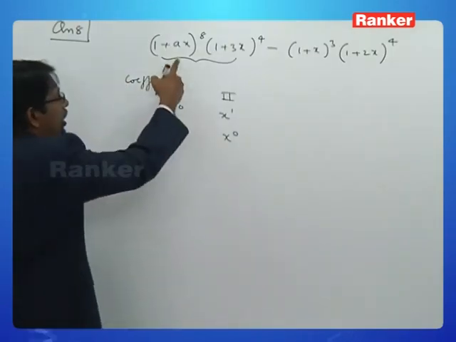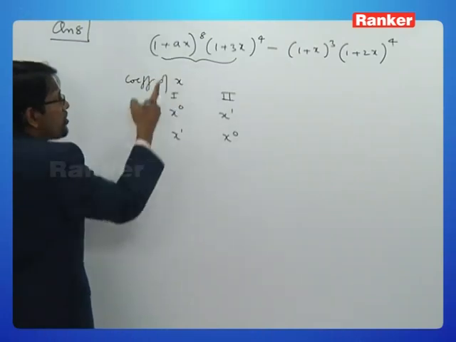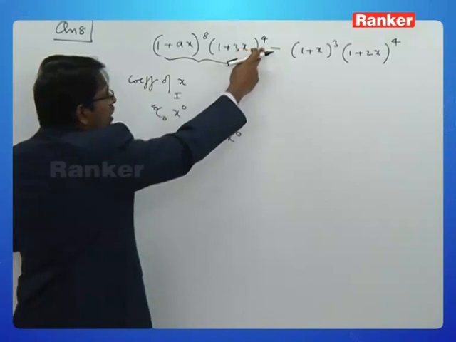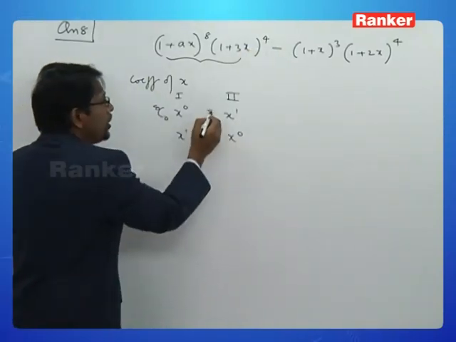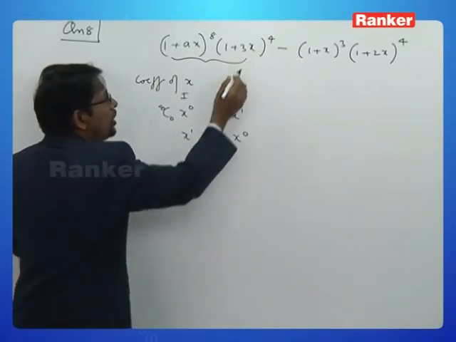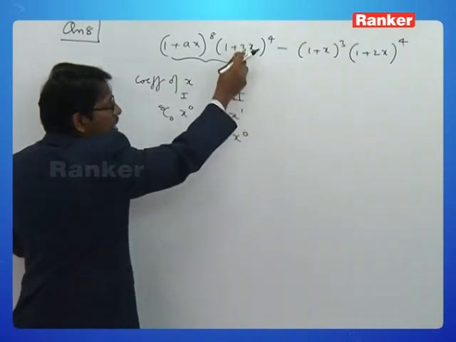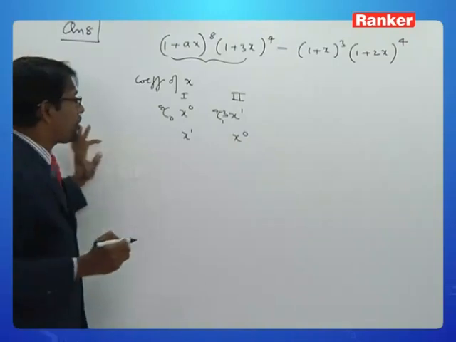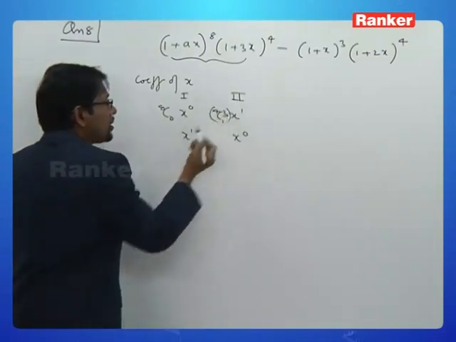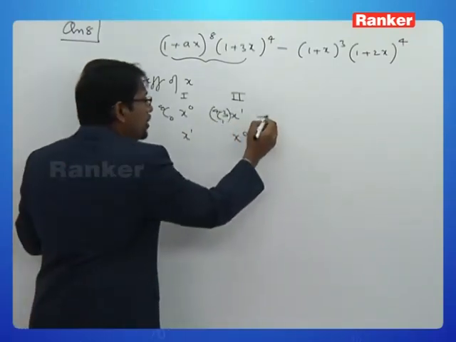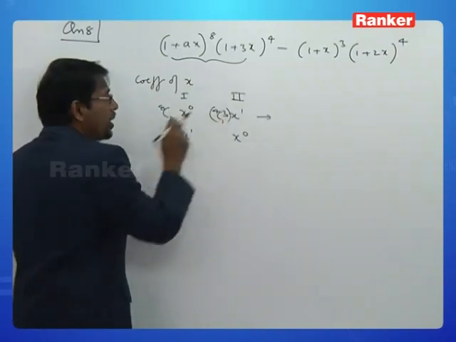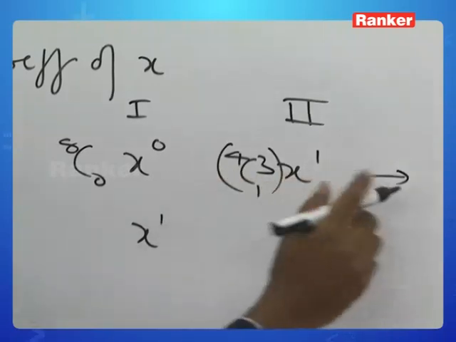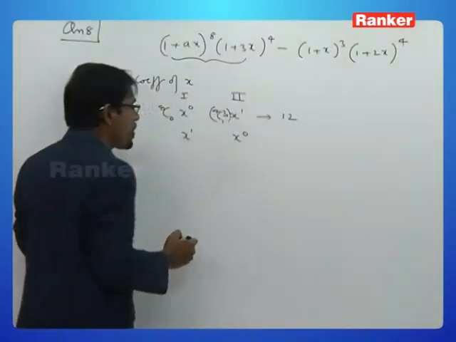So what is it? Now this x power 0 term comes with what coefficient here? 8C0. And x power 1 term comes with what coefficient? 4C1 into, but this x will not come as it is, it comes with a 3. So we have 4C1 into 3 there. So that is 12. So what is the coefficient of x power 1 obtained this way? This 8C0 is 1, 4C1 into 3 is 12, so this is 12.